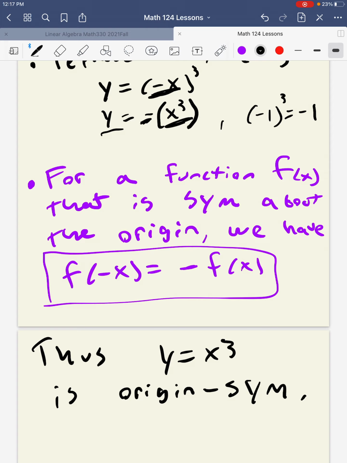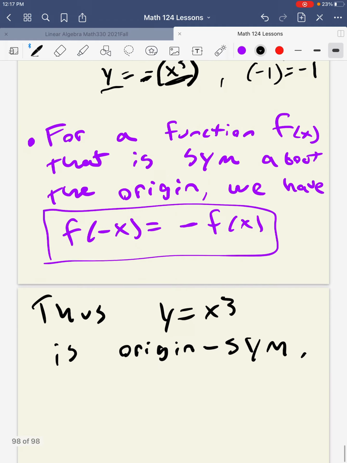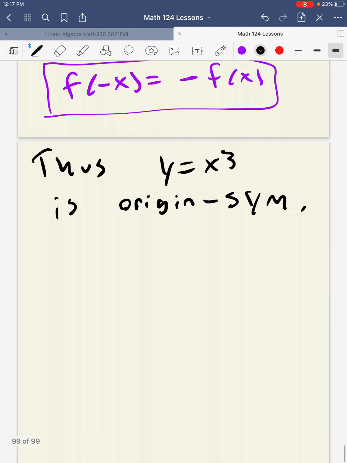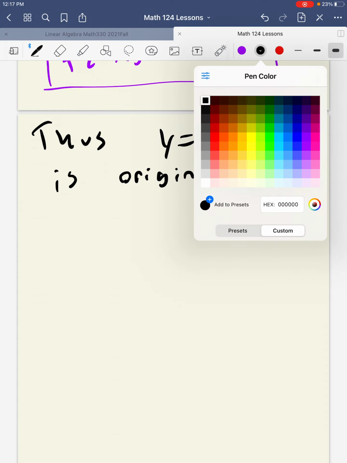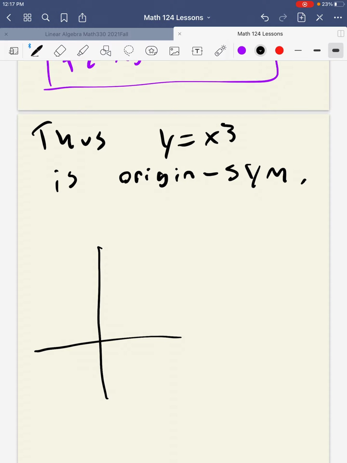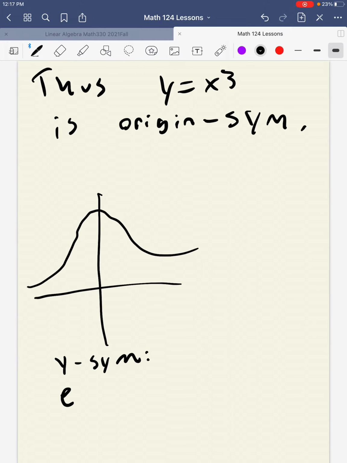Okay, now there's one last thing I want to discuss, and it's nothing new, it's just a new word to talk about symmetry. If something is symmetric about the y-axis, so if something is y-symmetric, sometimes we use the word even function.